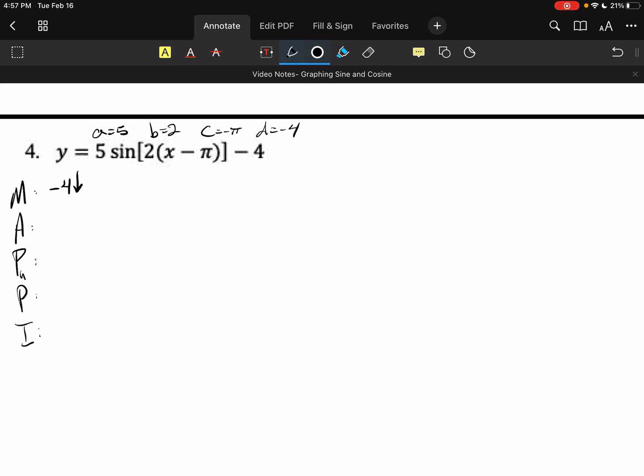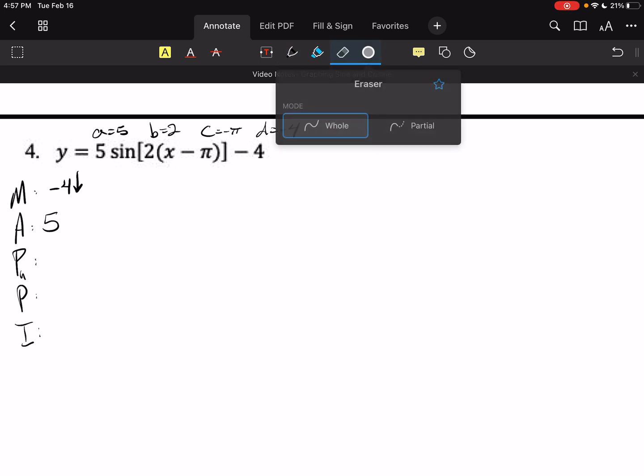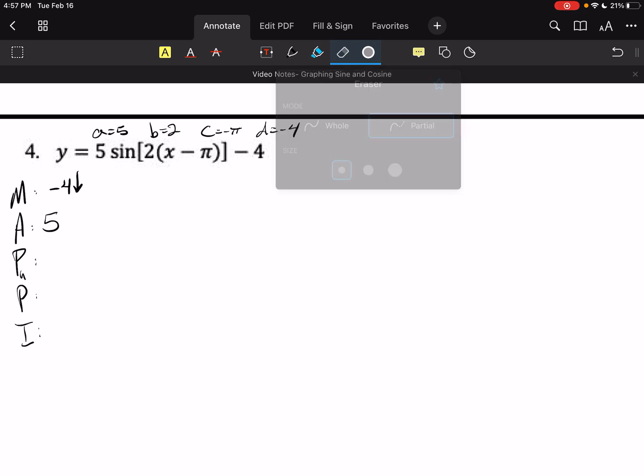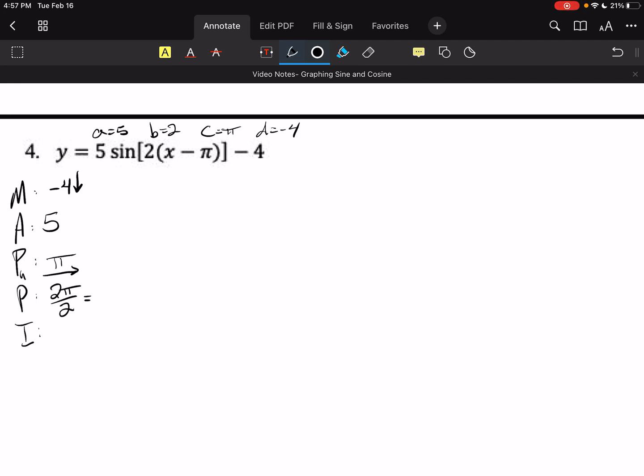Amplitude, A is positive 5. My phase shift, C would be positive pi, right? C is always the opposite. So we're going to the right. Period, 2 pi over b, so that would be pi, and then divide that by 4 to get my interval.